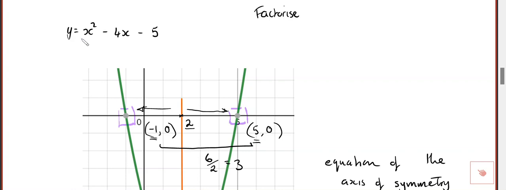So this has only got 1x squared, so it should be two numbers that multiply to make -5 and add to make -4.